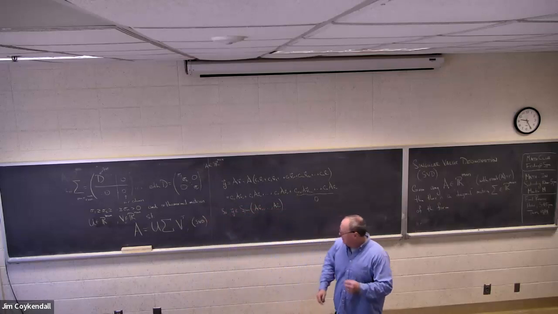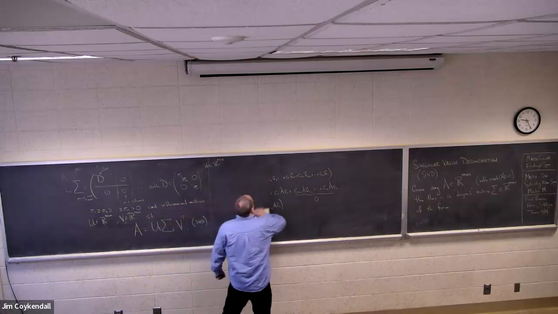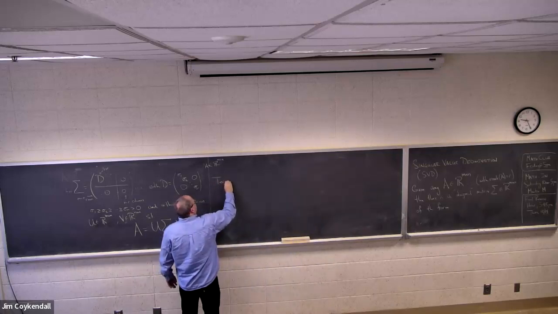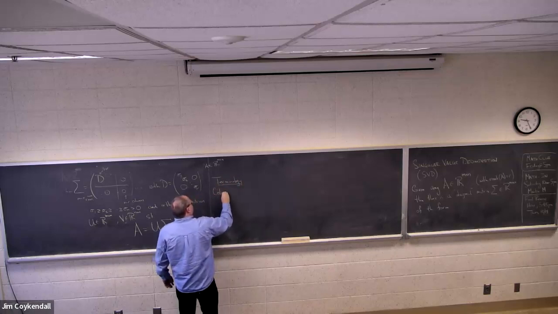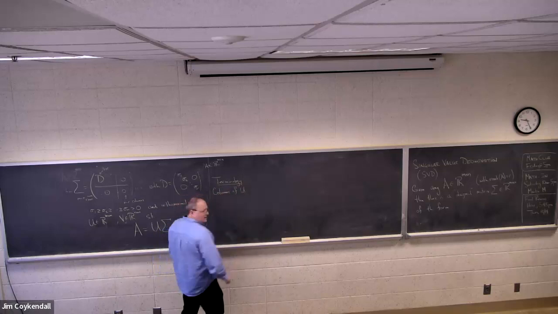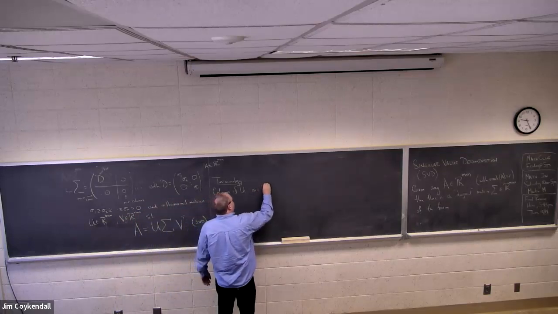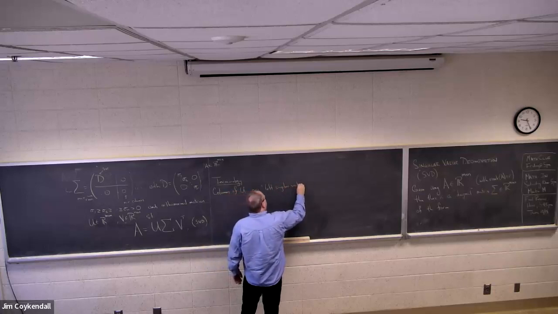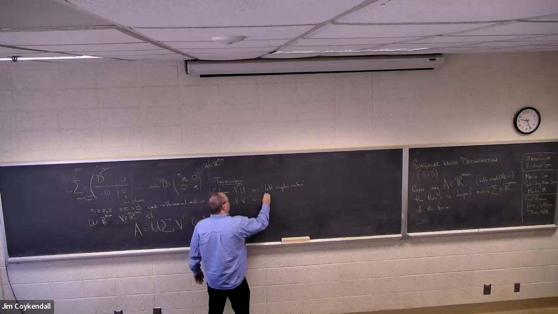Terminology: the columns of U, the orthonormal matrix, are called the left singular vectors. The columns of V are called the right singular vectors.